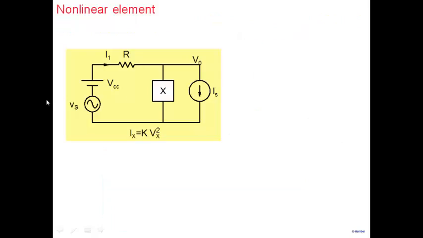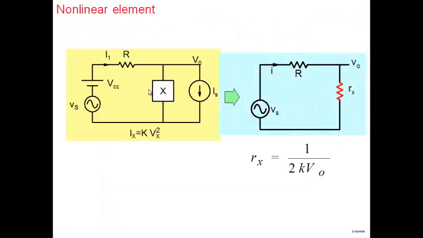So now when I'm building a small signal model, it's not just an incremental model of this particular circuit. Now we are saying a small signal model. When I say small signal model, it is understood that we are building an incremental model. And further, we are also talking about increments which are small in nature, so that the nonlinearity we can ignore and any nonlinear element we can linearize.